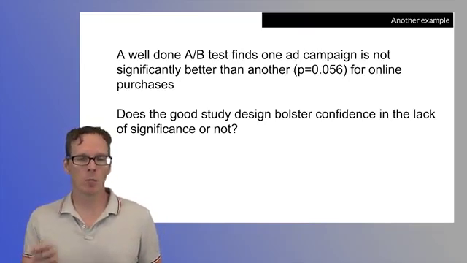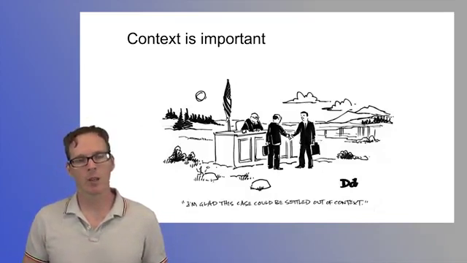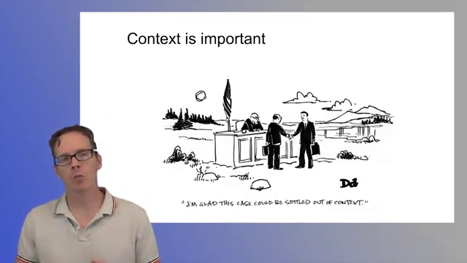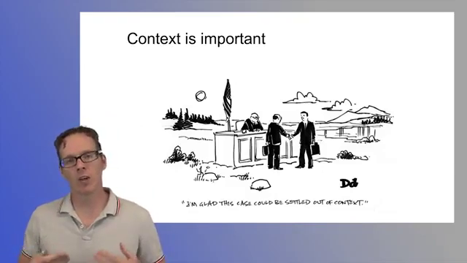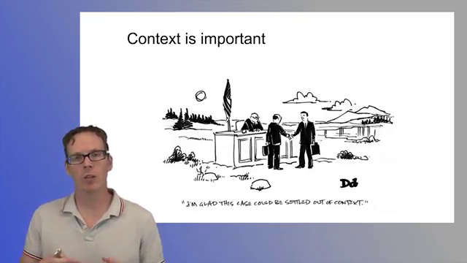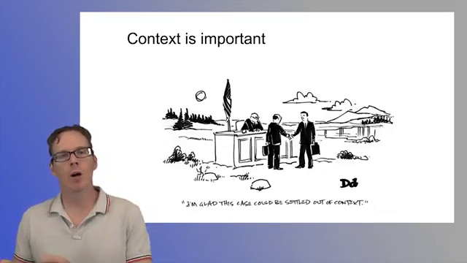the point I'm trying to make here is that context is important. We cannot simply interpret the results of hypothesis tests outside of the context. It's basically the idea that p-values and results of hypothesis tests are not portable across settings.